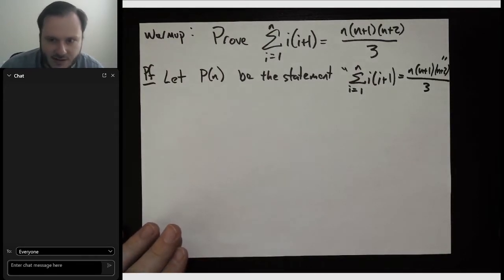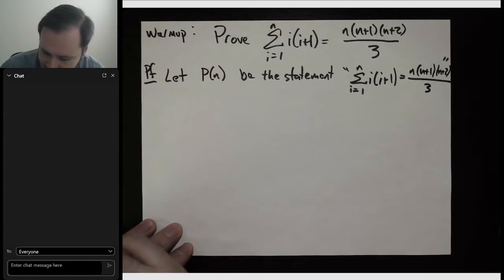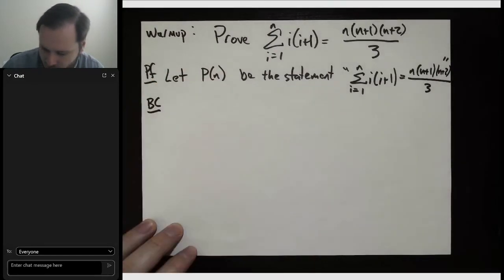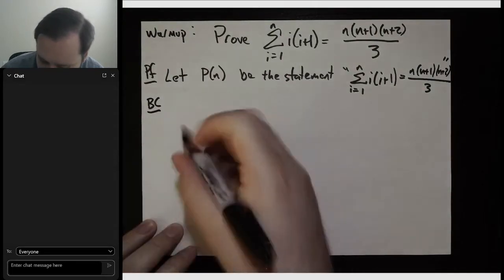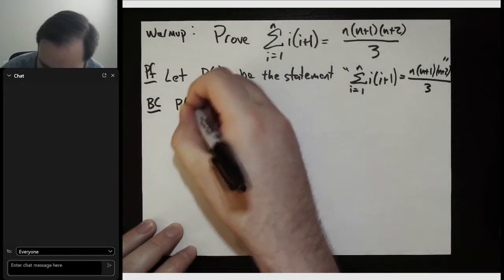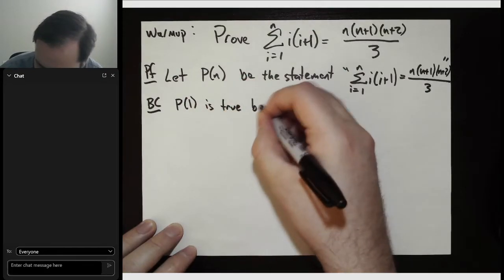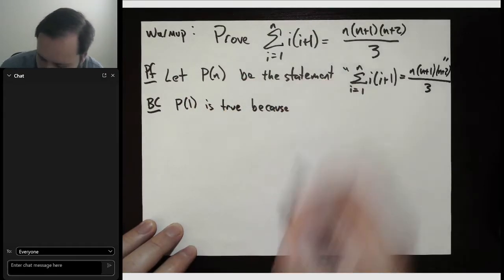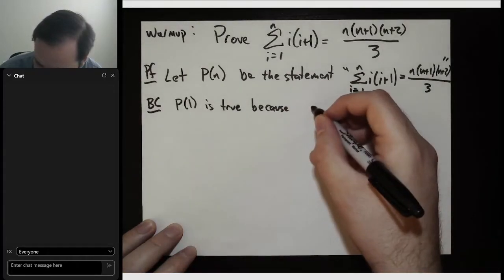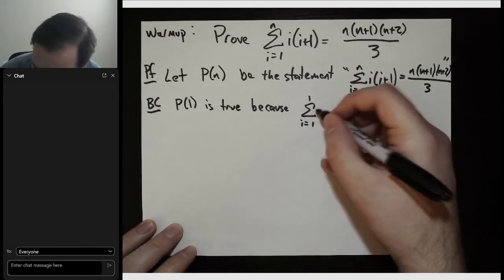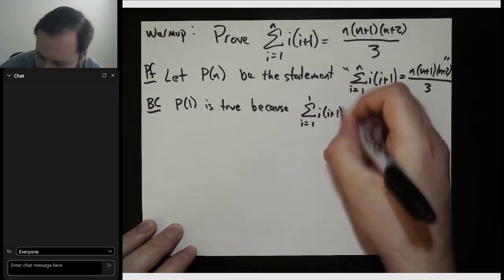Hopefully that's not a surprise to anybody. So we want a base case. And we're going to have P of 1 is true because, so let's think about why. We sum up i goes from 1 up to 1 of i times i plus 1.